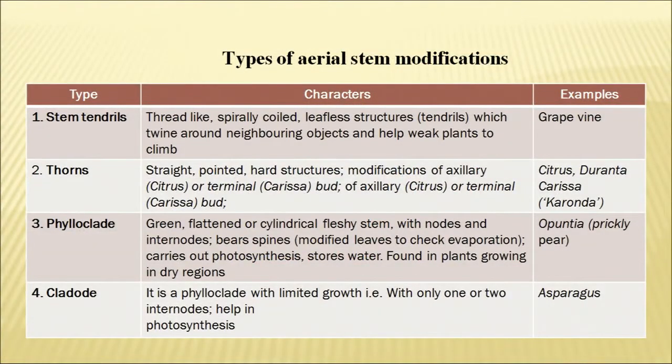Now, there are certain other modifications called stem tendrils, thorns, phylloclades and cladodes. They help the plant in climbing up. Stem tendrils: you must have seen some thin rope-like structures which gather support around them, and they wind themselves on wires or on supporting trees, and they help the plant stand erect and let the leaves perform photosynthesis.